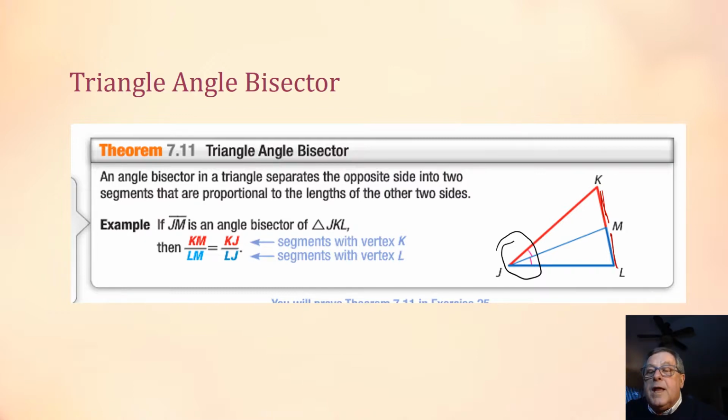So in other words, KM over LM. But we also have proportionality with KJ, this side here, to LJ, this side here. Since we've got proportionality, we can use that to solve problems. Let's take a look at a couple of examples of what we could solve.